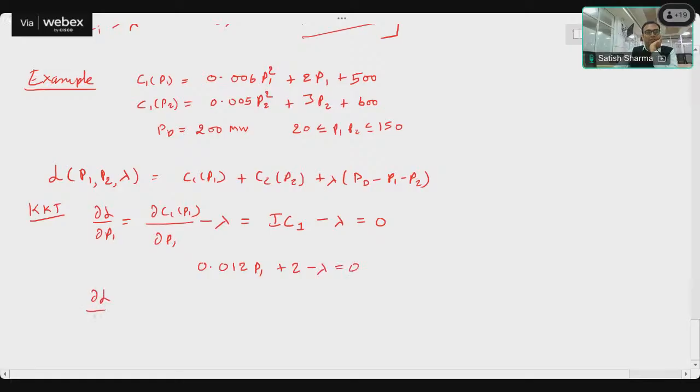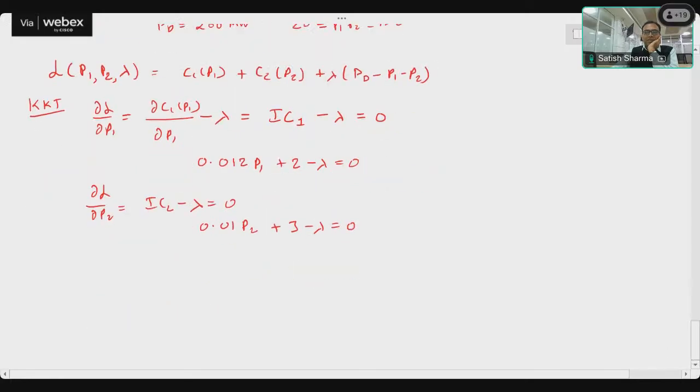Similarly, delta L upon del P2 is the incremental cost of the second generator minus lambda equals 0, and the condition becomes 0.01 P2 plus 3 minus lambda equals 0. So this is with respect to two variables.